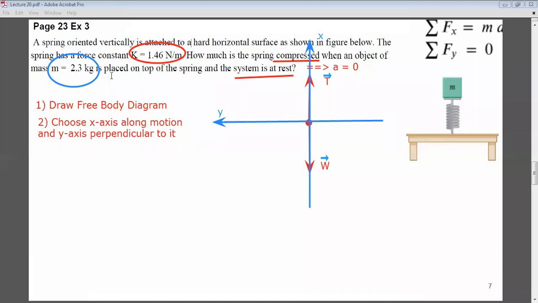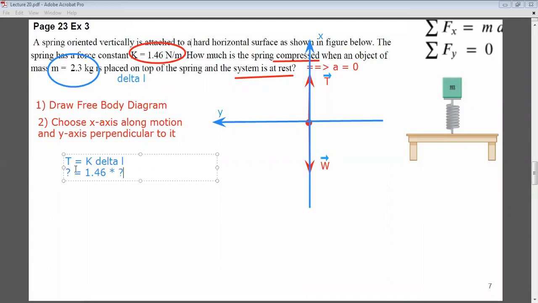So it's asking me about delta L. Okay, so I use the formula tension equal K delta L. Tension, I don't know how much it is, equal K, I know it's 1.46 Newton per meter, so I don't have to worry about the units being correct, times delta L, which I also don't know.